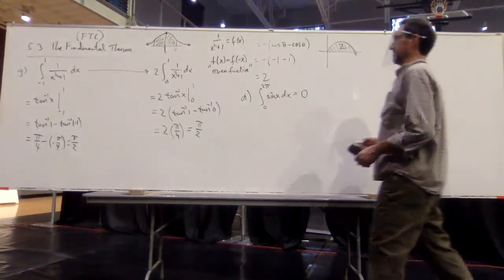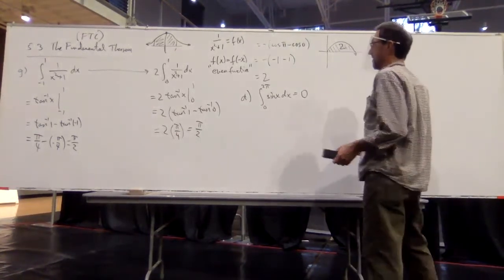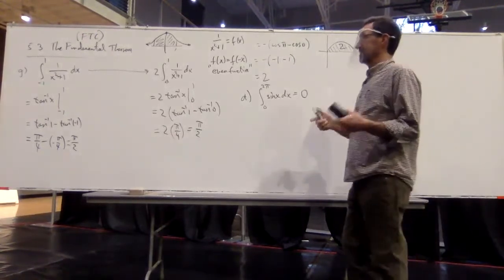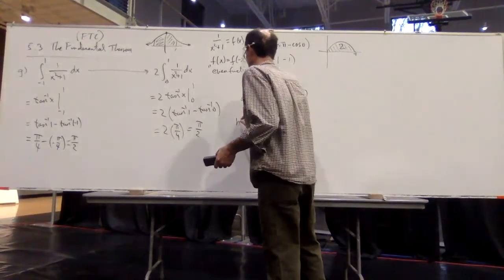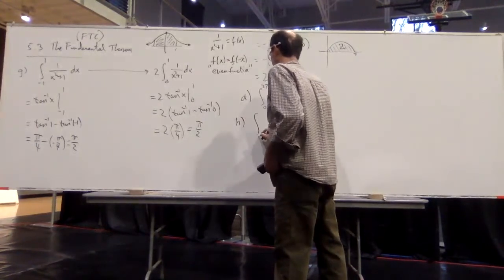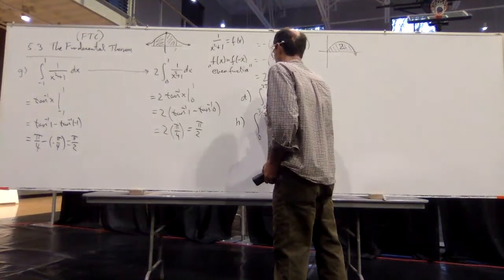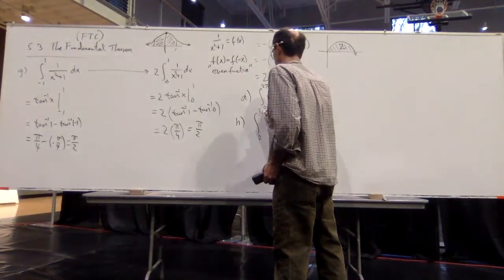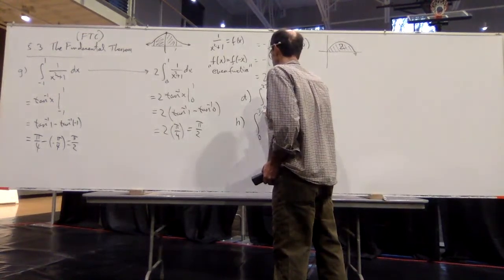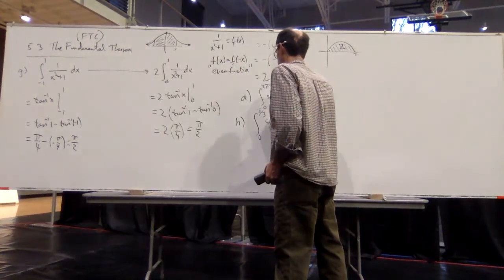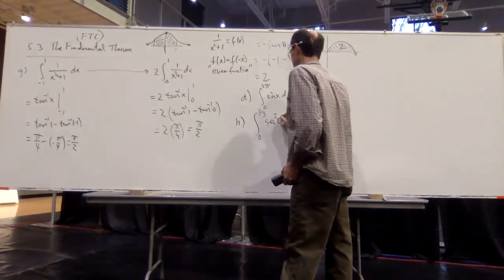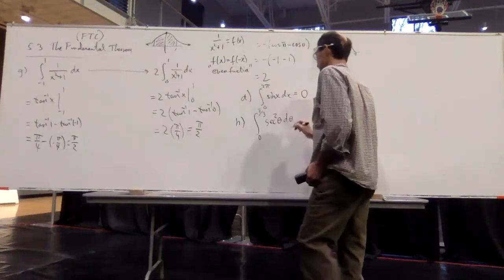How about this one? The integral from 0 to pi over 3 of secant squared theta d theta.